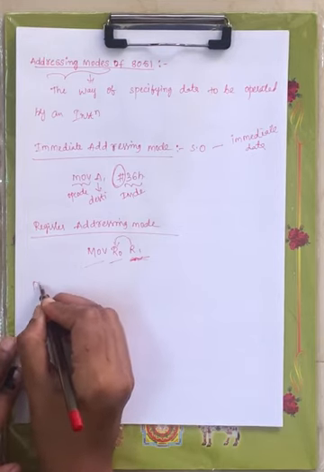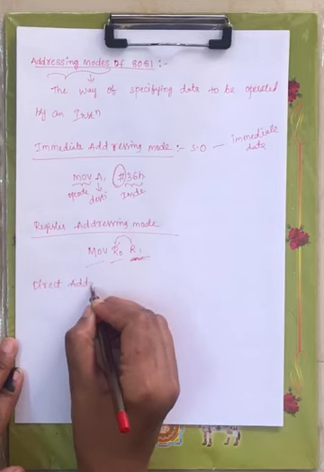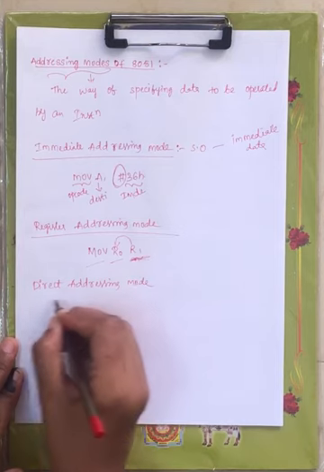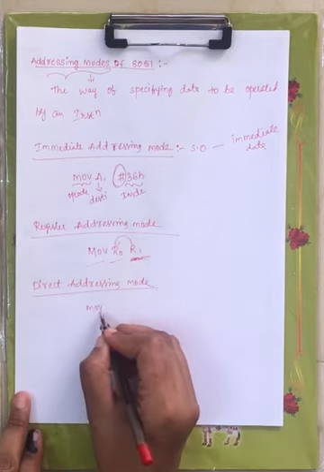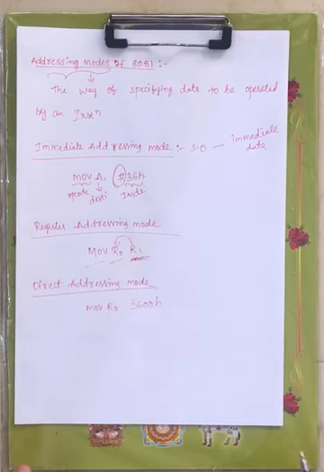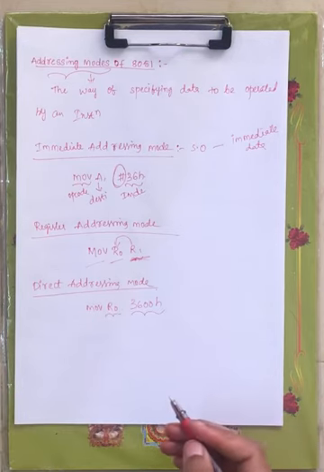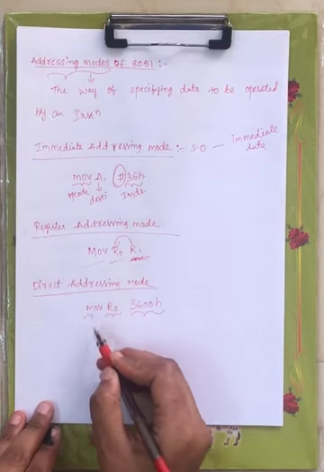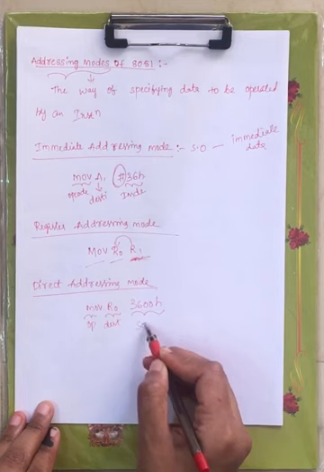Now coming to the next addressing mode, that is direct addressing mode. Let me give an example: MOV R0, 3600H. This is the memory location, and R0 is a register which comes under one of your banks. This is the opcode, this is the destination operand, and this is the source operand.